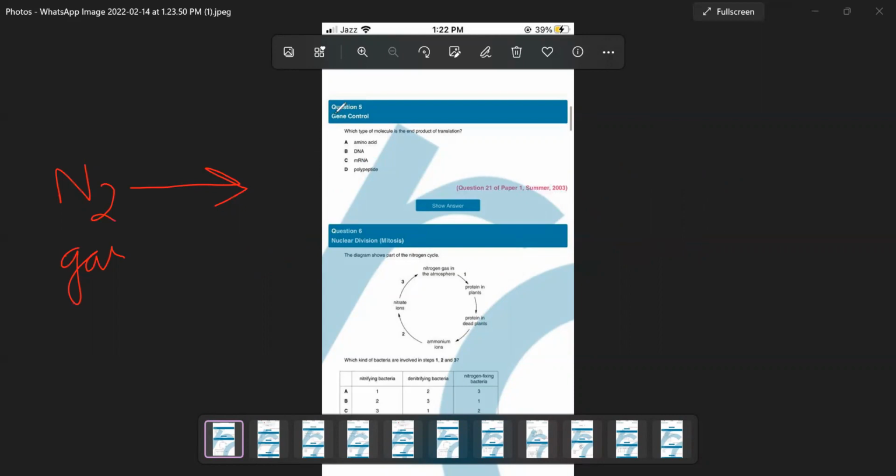This middle product is a number of steps given over here. It says protein in plants, protein in dead plants, and ammonium ions. So essentially you have N2 over here, ammonium ions, and then nitrate ions.